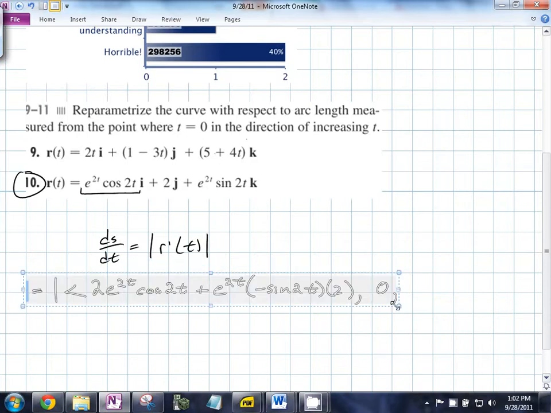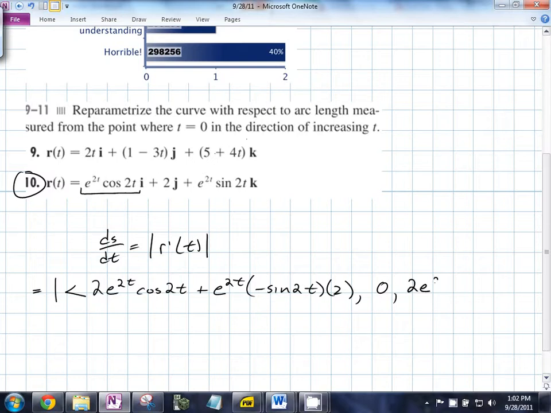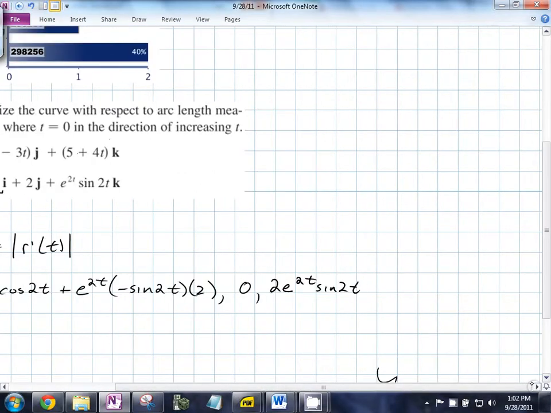Okay. So it's going to be 2e to the 2t sine 2t plus e to the 2t times 2, right?